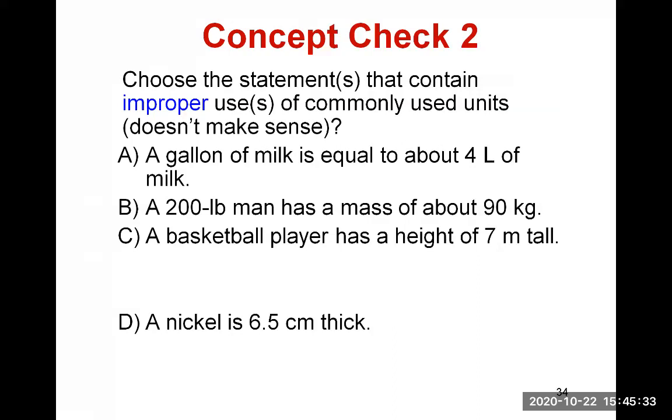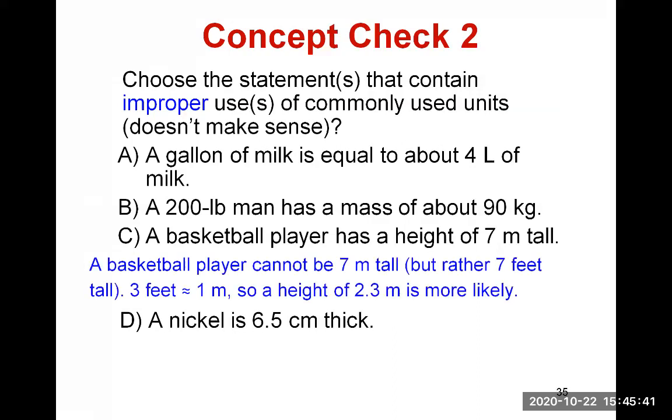A basketball player has a height of 7 meters tall. Knowing that there are about 3 feet in a meter, 7 times 3 would be 21 feet of height.